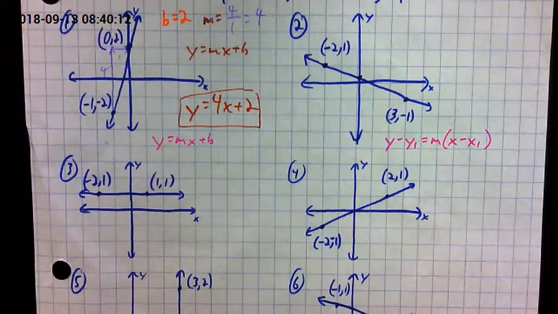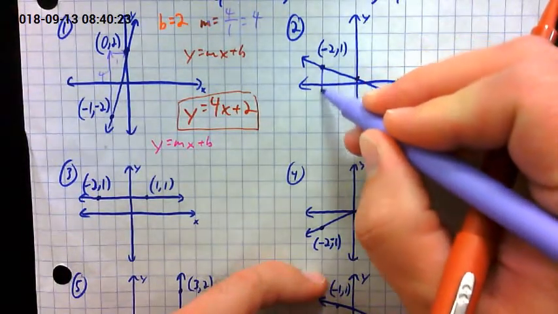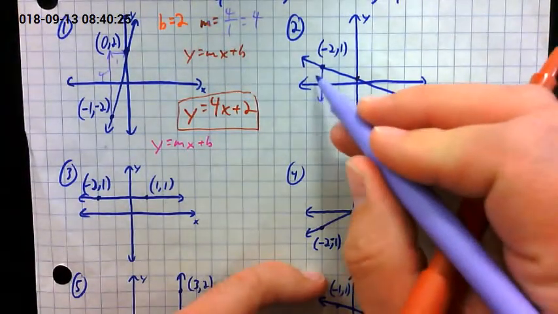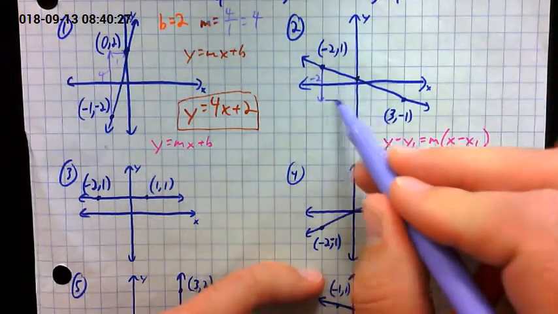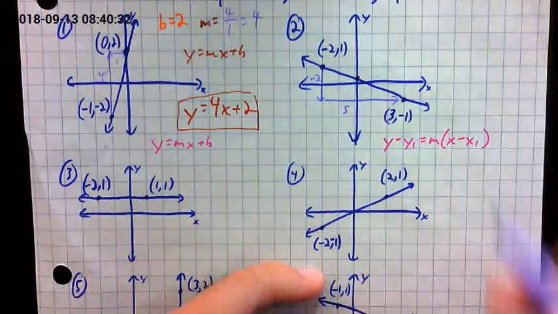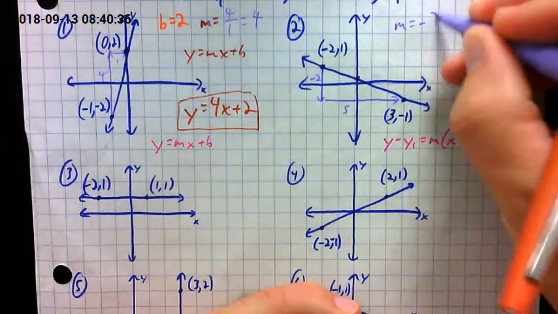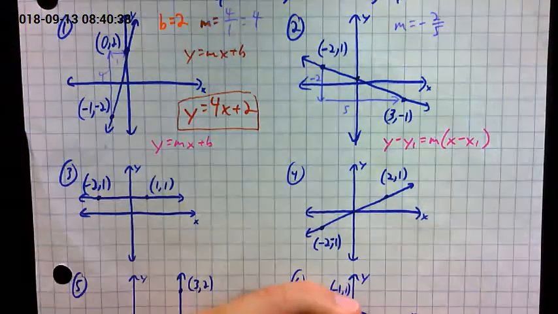Now, in order to write something in that format, we need our slope. So again, we have to identify our slope. From this point, we go down 2 units, so that'd be -2, and then we go over 5. So we can identify our slope as -2 over 5.